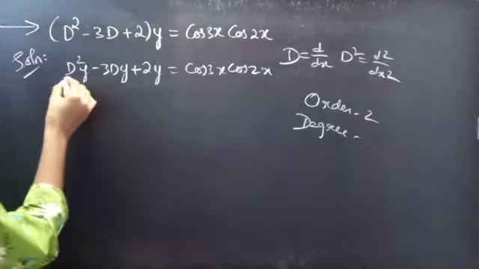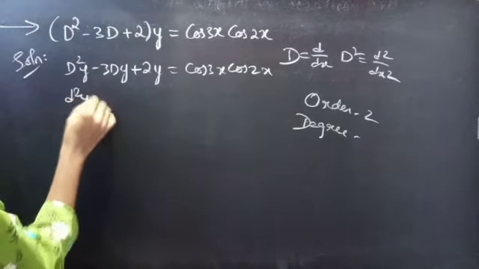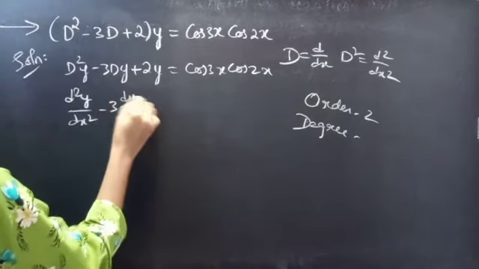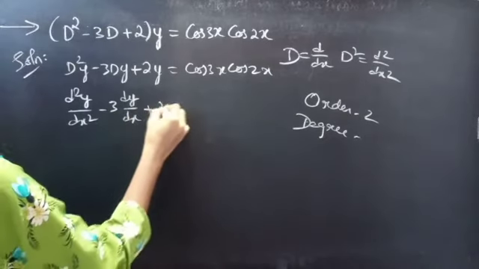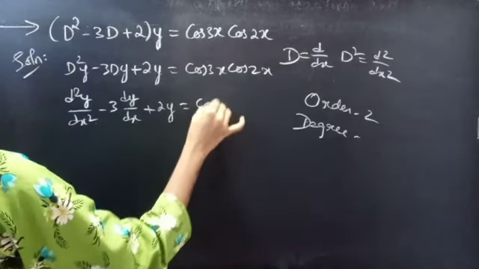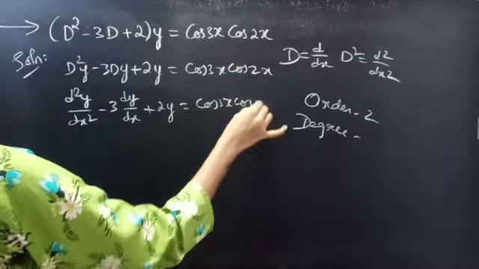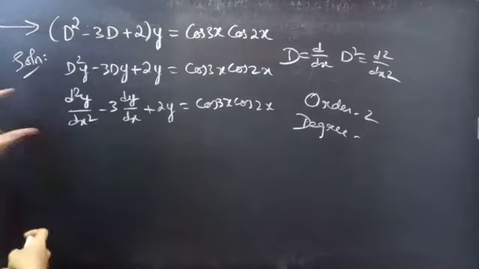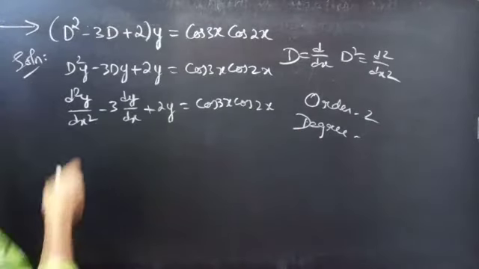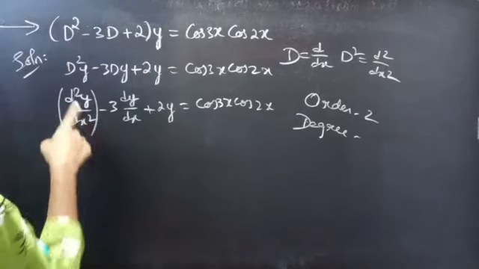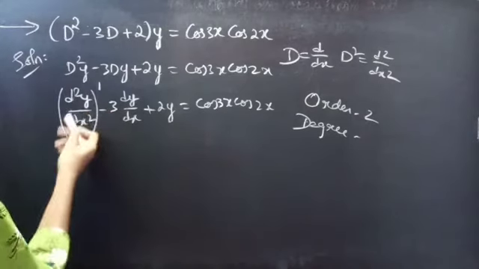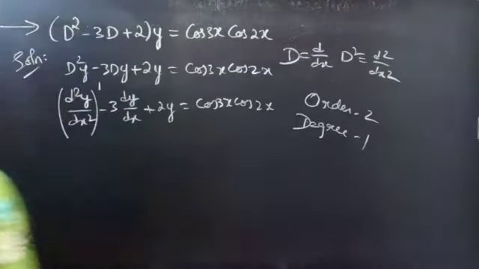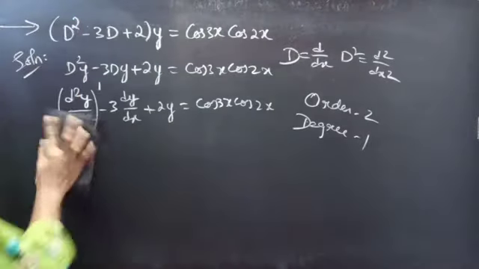So now we can write D²y as d²y/dx² - 3 times Dy as dy/dx + 2y = RHS. Now identify the highest derivative. Here d²y/dx² is the highest derivative, so our order will be 2. And the highest power of the highest derivative is our degree. Degree is 1.